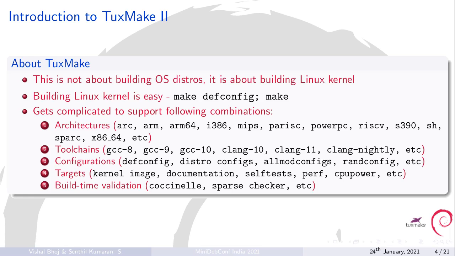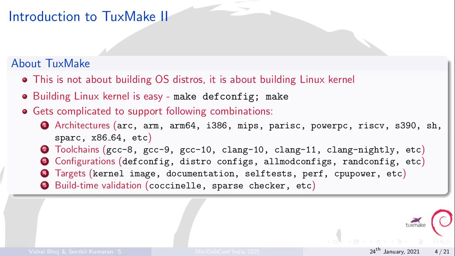However, if a developer wants to build for multiple architectures with multiple toolchains, things get complicated. Most developers and maintainers have a set of custom scripts that they have written over time and maintained to perform their required set of builds. This is how Linux kernel developers usually solve the problem of building across different combinations.